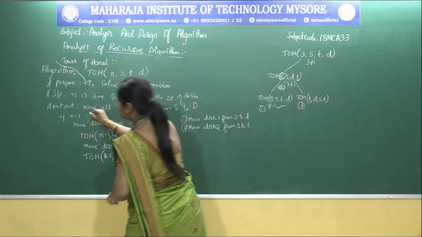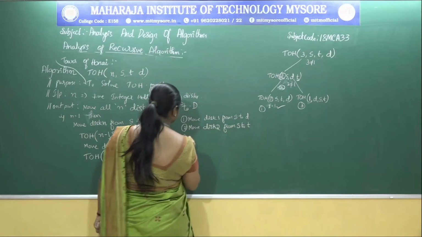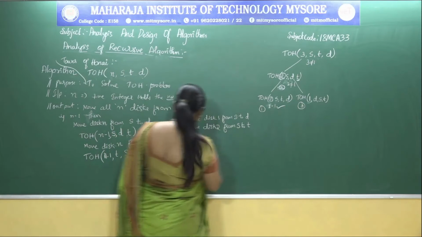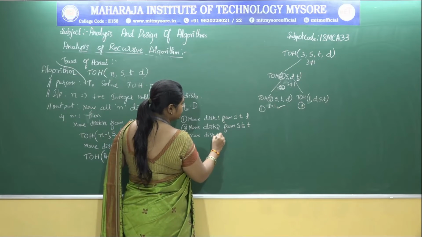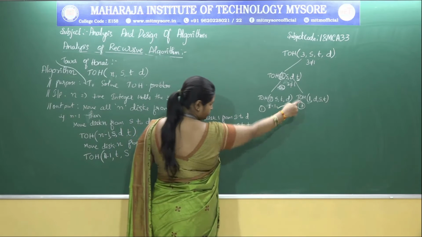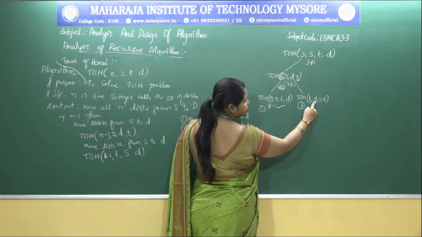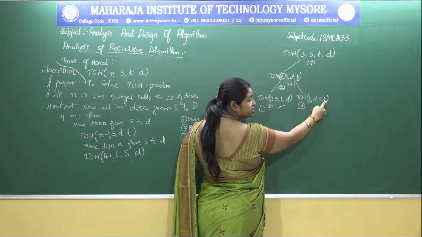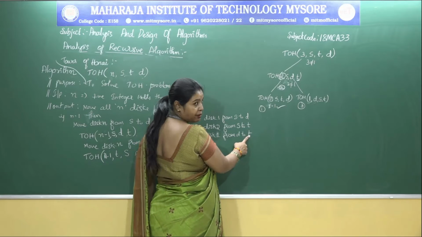If so, then we perform the move operation. The third move is move disk 1 from destination to temp. So the source is D and the destination is T. Therefore D to T, that means destination to temporary.